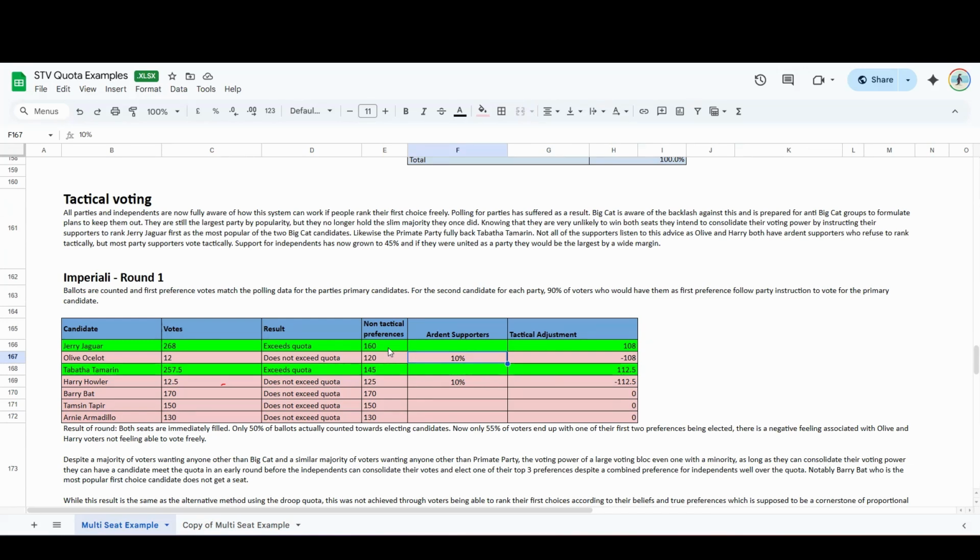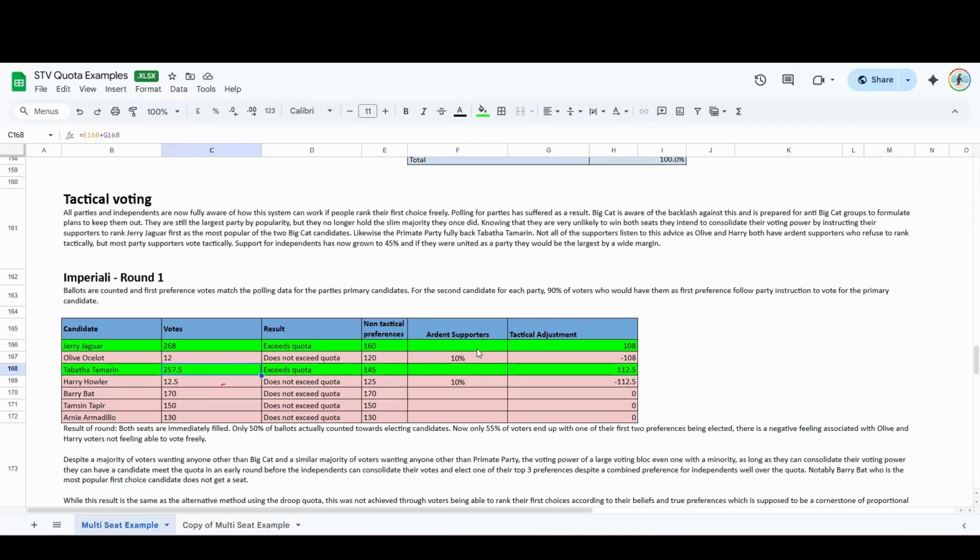So in this instance, you get the people who preferred Jerry Jaguar's 160 plus 108 for the people following the tactical instructions for Jerry Jaguar, and 145 plus 112 votes for Tabitha Tamarin because of the instructional votes from the Primate Party.